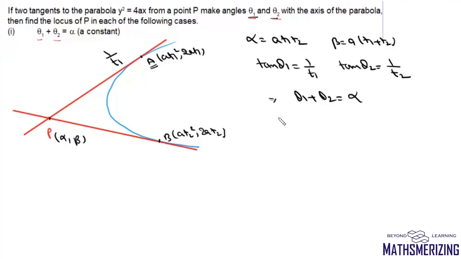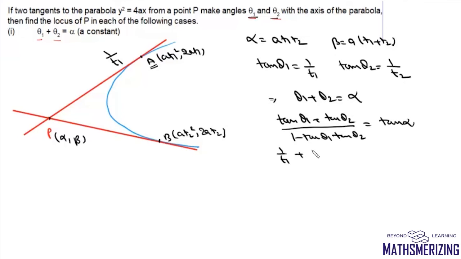So we'll take tan both sides. We'll write (tan theta 1 plus tan theta 2) upon (1 minus tan theta 1 tan theta 2) equals tan alpha. Now tan theta 1 is 1 upon t1 and tan theta 2 is 1 upon t2. So we'll write (1 upon t1 plus 1 upon t2) upon (1 minus 1 upon t1 t2), and this is equal to tan alpha.